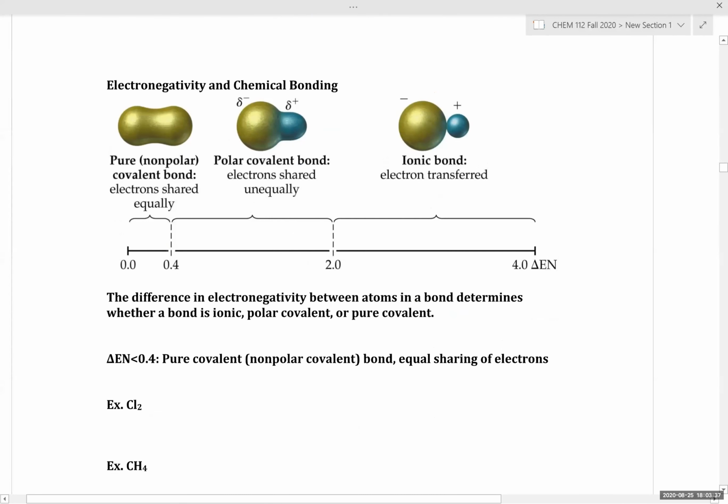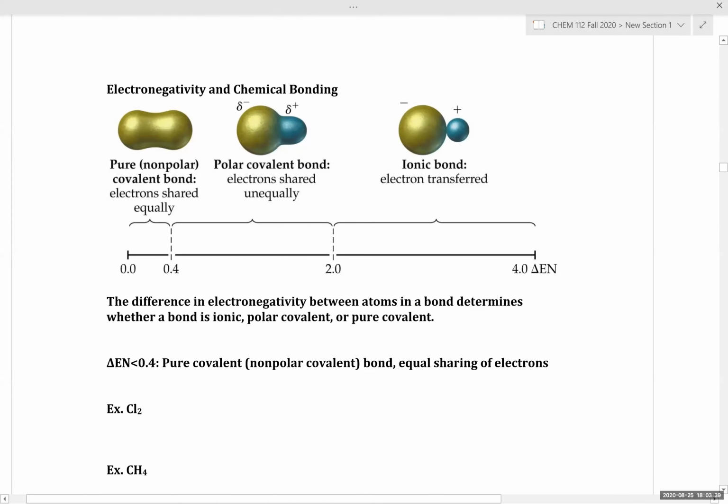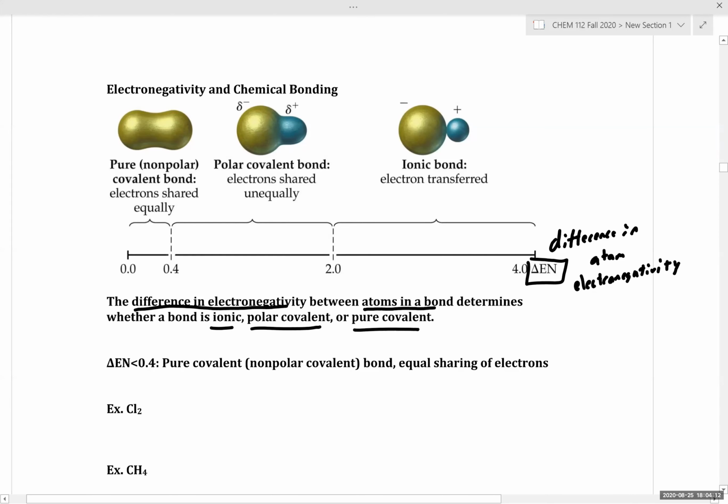So delving into this idea in a little more detail, electronegativity and most chemical bonds can be thought of in terms of a continuum where we have delta EN representing our difference in atom electronegativity. The difference in electronegativity between atoms in a bond determines whether a bond is ionic, polar covalent, or pure covalent.